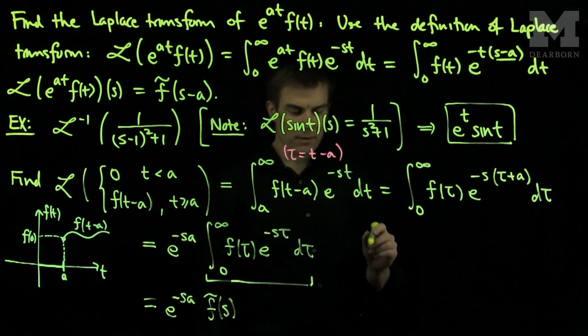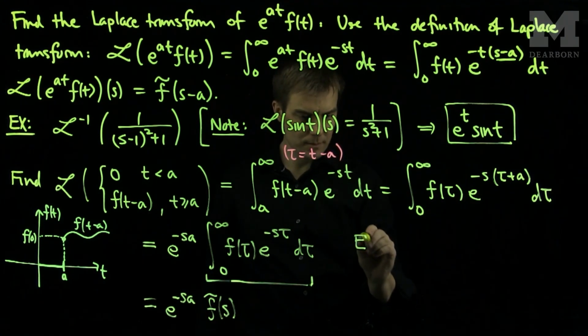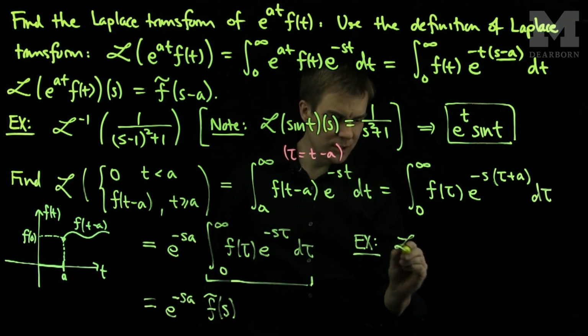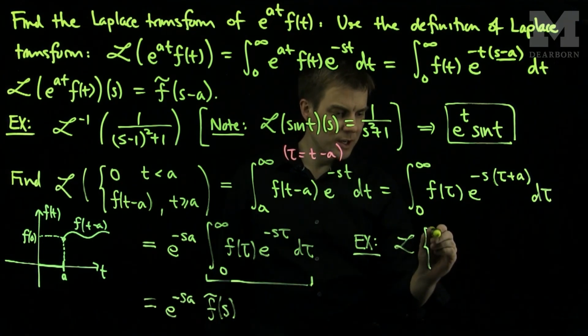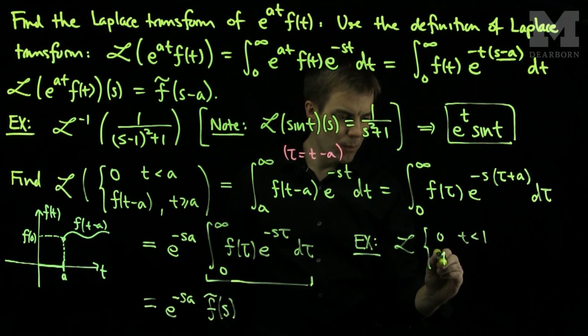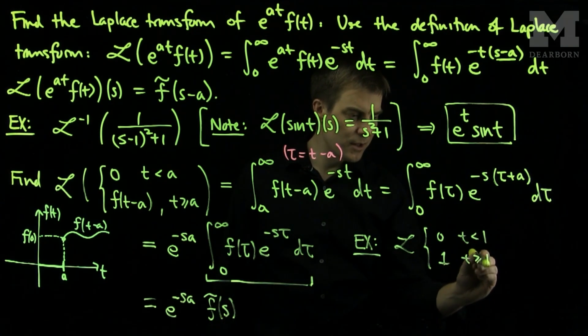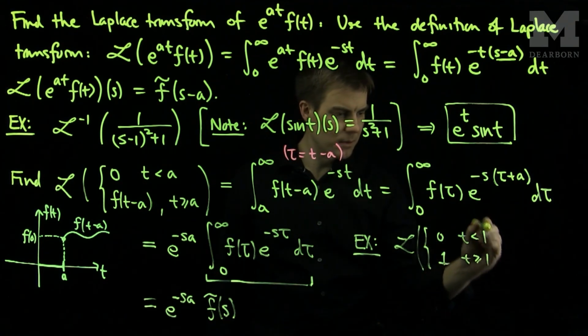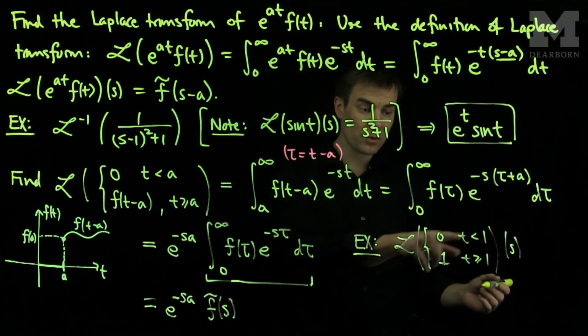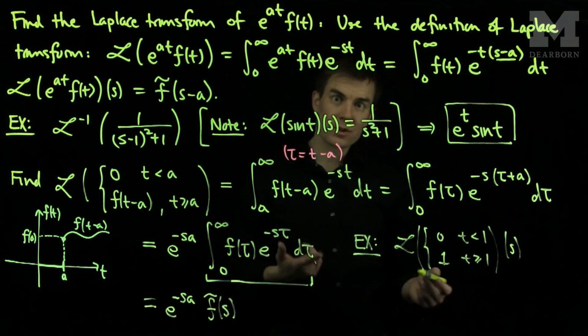To see an example of this, if I wish to find the Laplace transform of the function which is 0 when t is less than 1 and 1 when t is greater than or equal to 1, I will apply this formula with a equals 1, and I need to find the Laplace transform of 1.